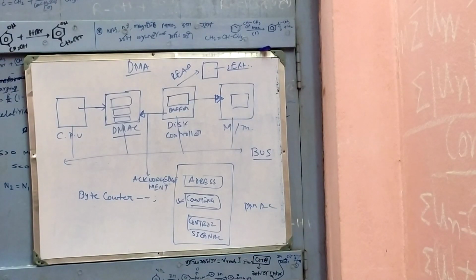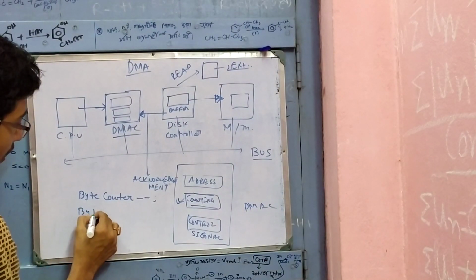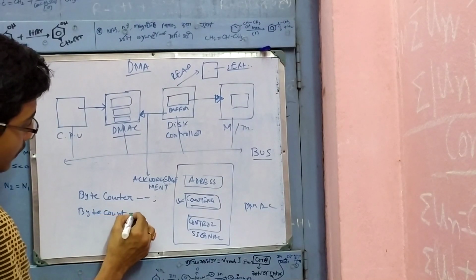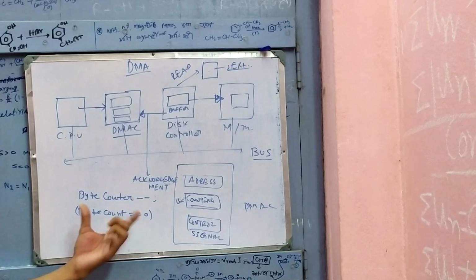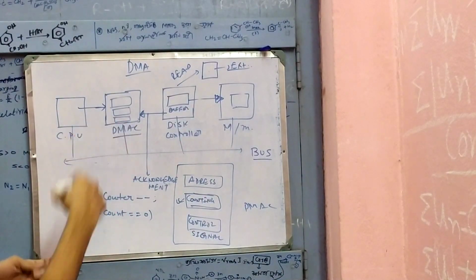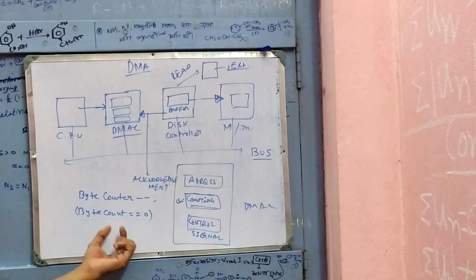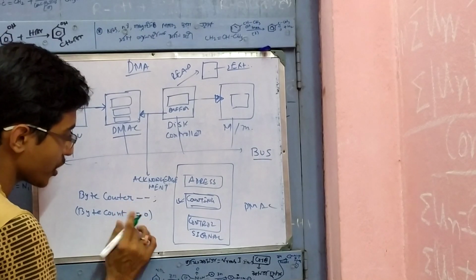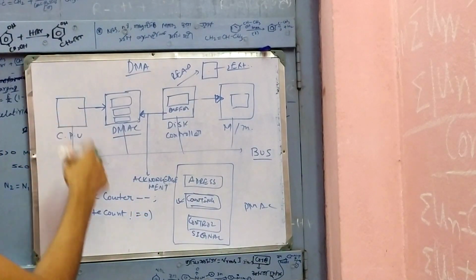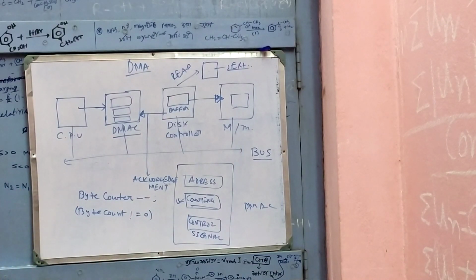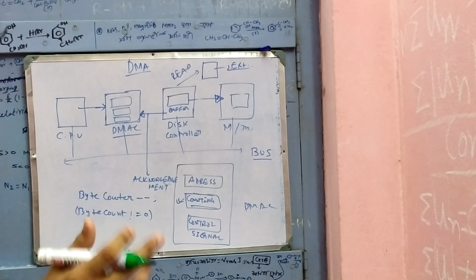For this we have a checking condition: if byte count equals 0, our work is done. But if it is not equal to 0, then there is a problem, and we have to do the thing again and again.